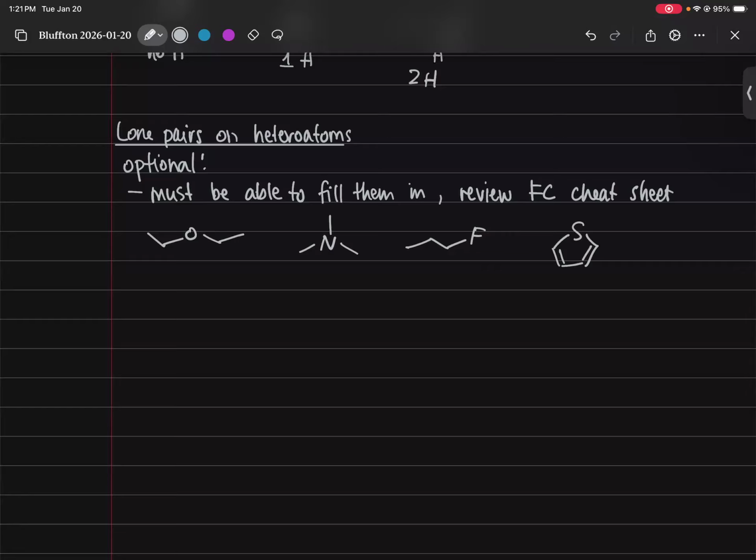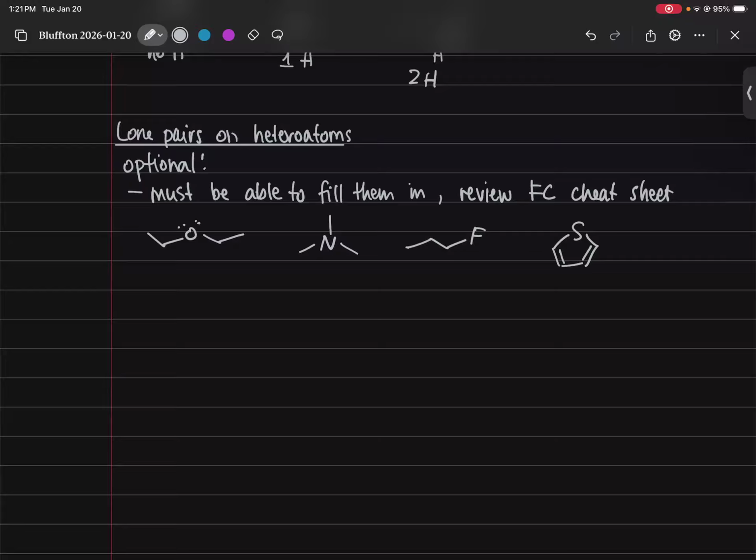And each of these heteroatoms has one or more lone pairs. Eventually, you'll need to be able to fill these in, ideally without looking at the sheet. But let's do them, I guess. What about the oxygen? How many lone pairs should that have? 2.